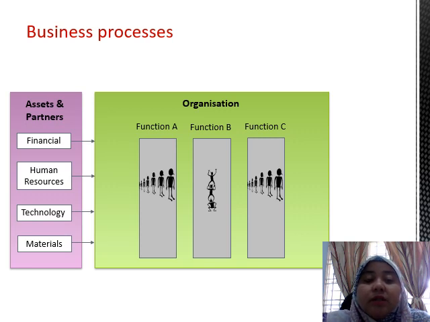All right. So in any organization, they are not only have that as an entity, they have another types of entity that we call it as assets and partners. Okay, assets is things that we own that tak susut nilai lah, like buildings is an asset, like savings.